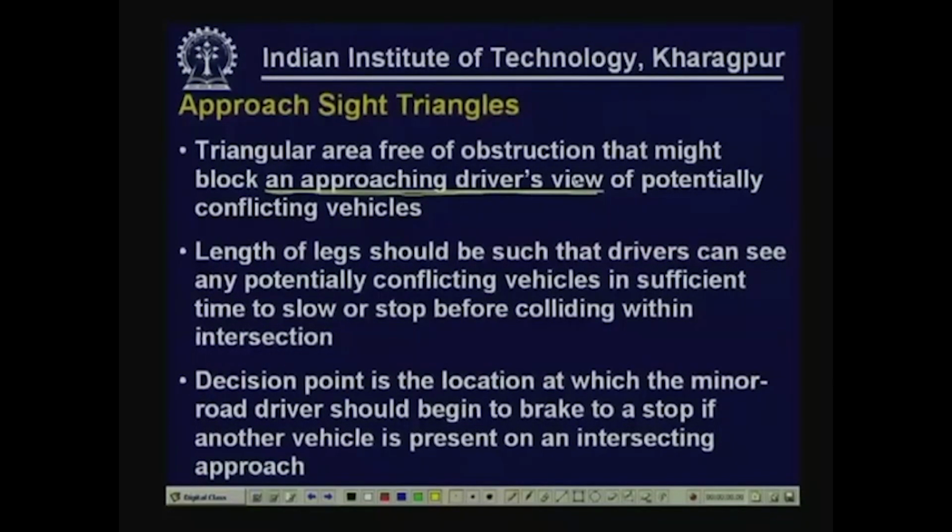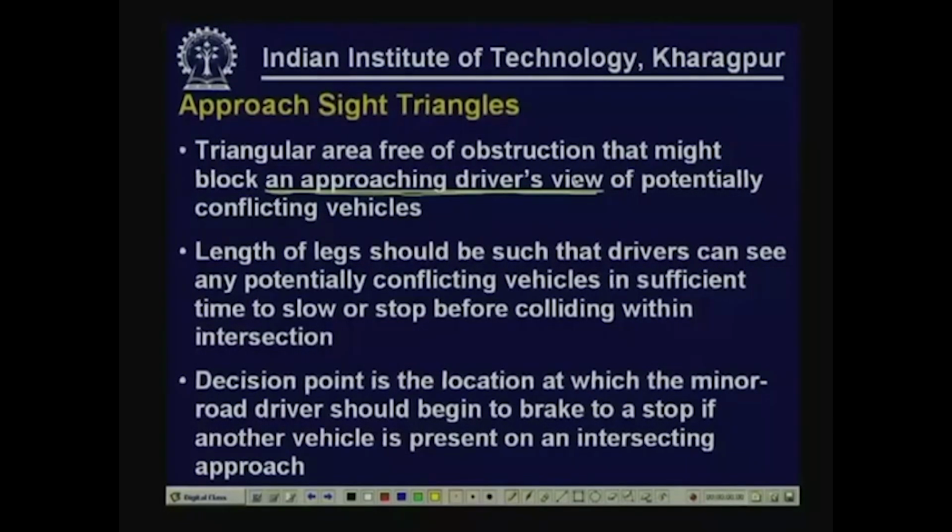That means, when a vehicle is approaching, the vehicle is in motion, and that time, what is the triangular area that should be free from obstruction for the approaching vehicle? Now, the length of the legs should be such that drivers can see any potentially conflicting vehicles in sufficient time to slow or stop before colliding with another vehicle within the intersection area.